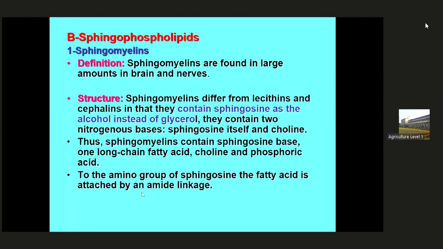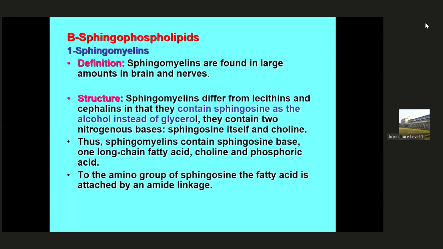It is called amide linkage, not peptide linkage, because peptide linkage is produced between amino acids, and this is a fatty acid, not an amino acid. The carboxyl group of the fatty acid and the nitrogenous group of sphingosine form a linkage similar to the peptide linkage, but you can't call it peptide linkage. You have to name it amide linkage.